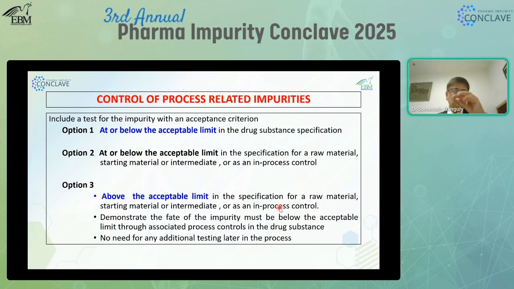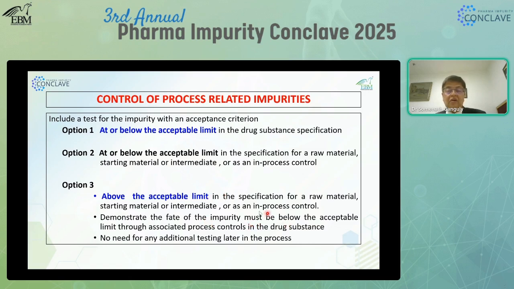Suppose last time it was 75 ppm, I am setting it at 150 ppm at that level. But in that case, you have to demonstrate that the fate of the impurity must be below the acceptable limit in the drug substance. So these options are given.